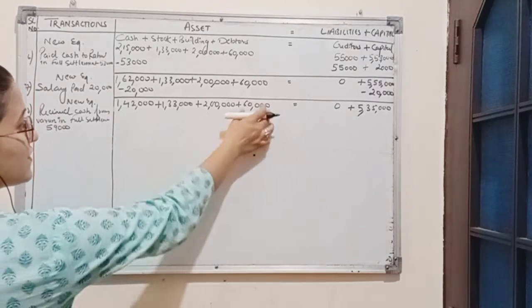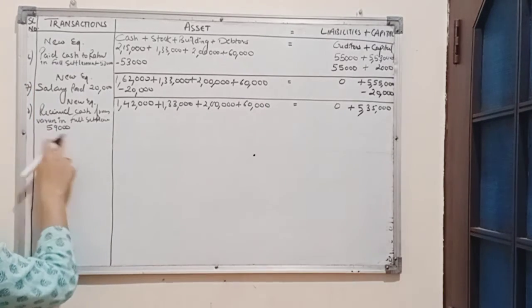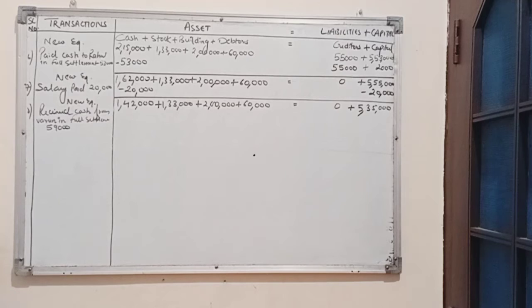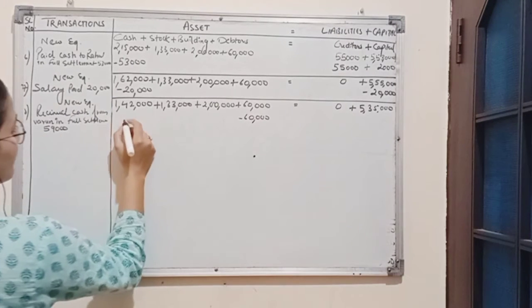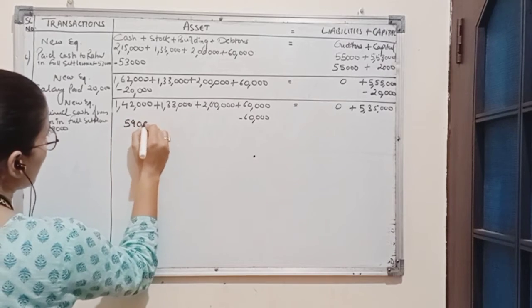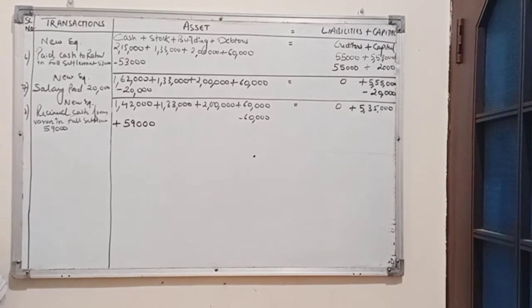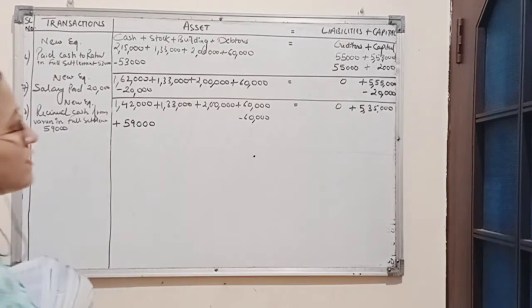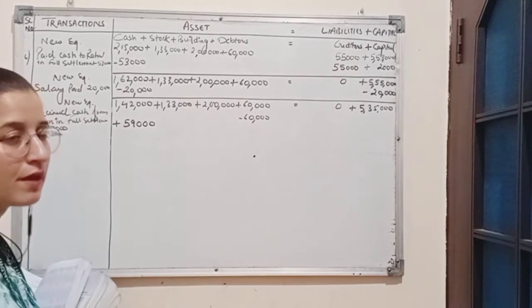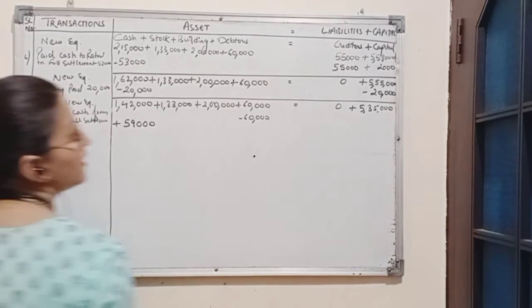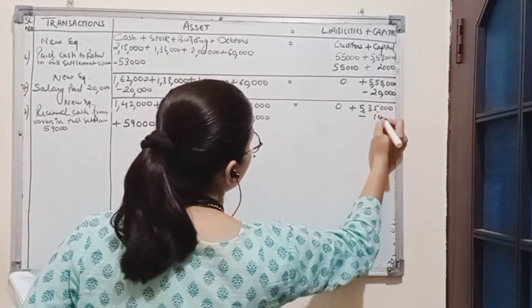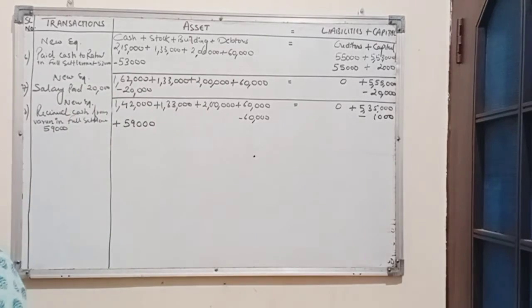We have to receive 60,000, but we have received only 59,000 from Varun. 59,000 has been received in cash, so we will add this amount in cash column, 59,000. Now, we were supposed to receive 60,000, but we have received only 59,000. So, there is a loss of rupees 1,000.